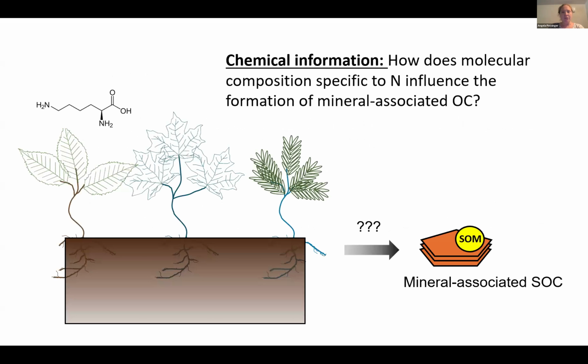This information was a new thing, and it led us to think about how molecular composition specific to nitrogen and these specific compounds would influence the formation of mineral-associated carbon, looking at gradients in organic matter inputs. I'm showing here across different potential tree species, or you could think about it in terms of gradients of agricultural crops and cover crop mixtures, which might have different nitrogen chemical profiles, organic nitrogen.